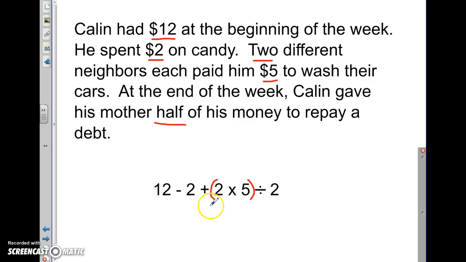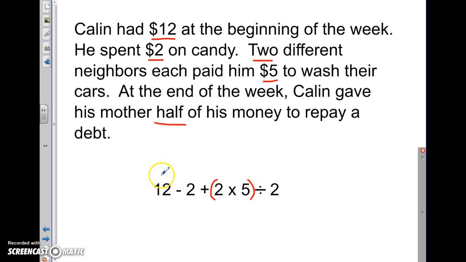So if you remember from a couple days ago, there is more than one set of symbols for helping us manipulate the expression to do what we want it to do. One was parentheses. The thing after that was brackets, right? So that means that this divide by 2 is the last thing we want to do.